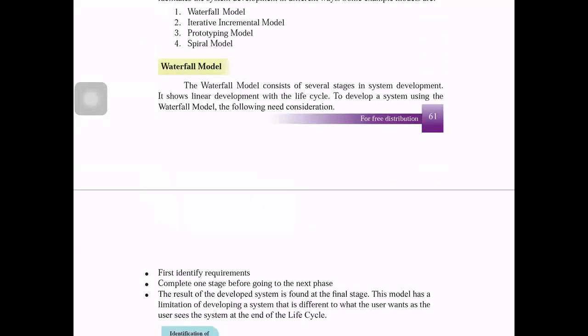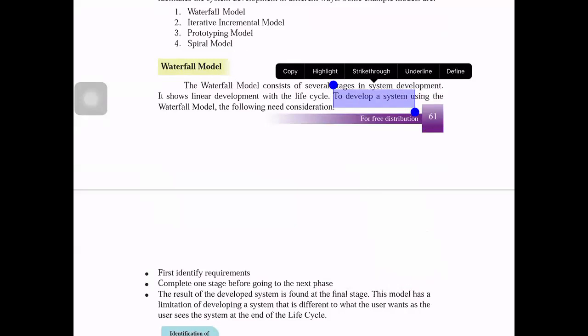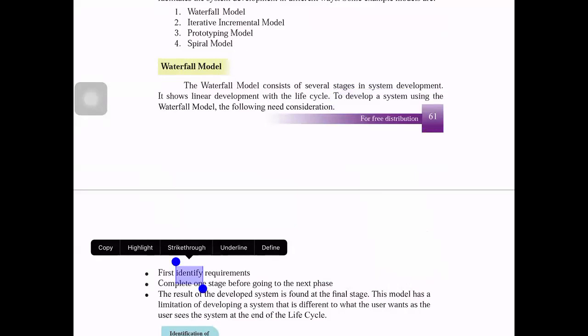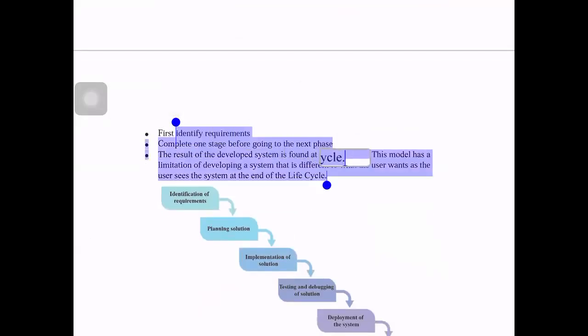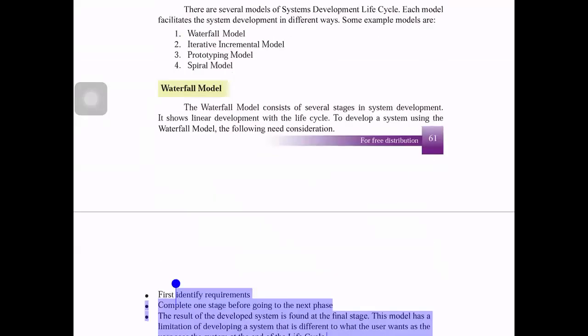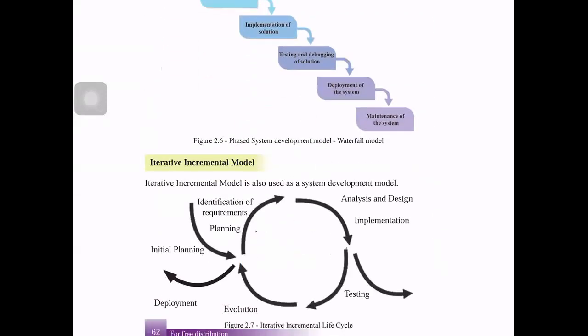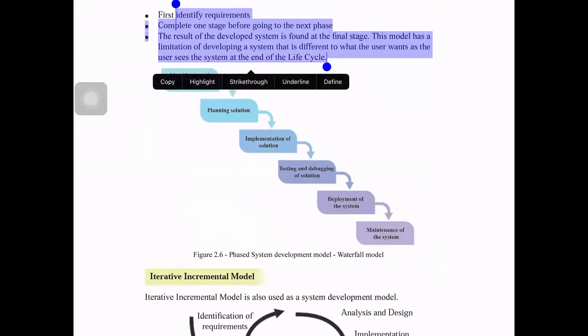Then in the first paragraph, start from the second line, to develop a system, and continue until the end, and you have to write down these points as well, right? It's better you draw the life cycle model as well.